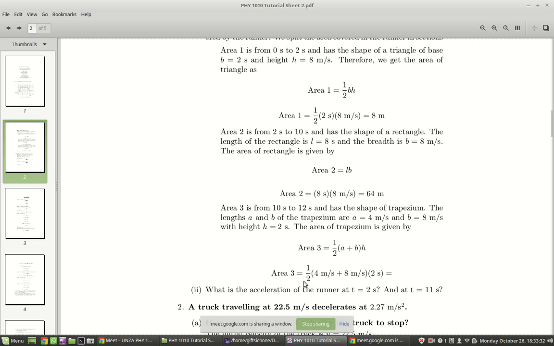So area 3 equals half, then 4 meters per second plus 8 meters per second, times 2 seconds. How much area do you get? 12 meters.